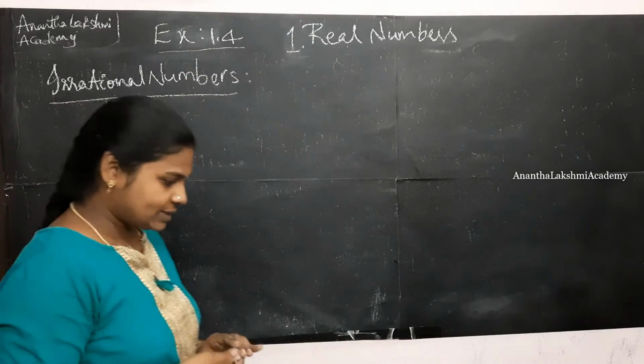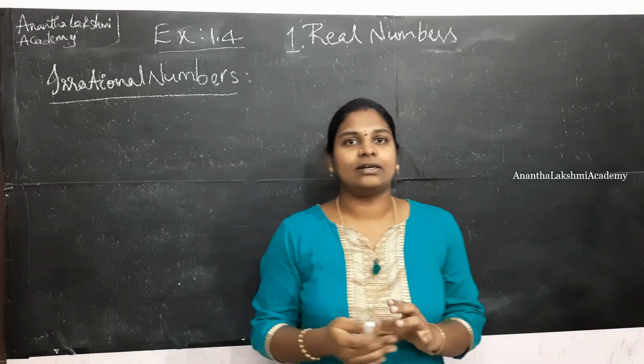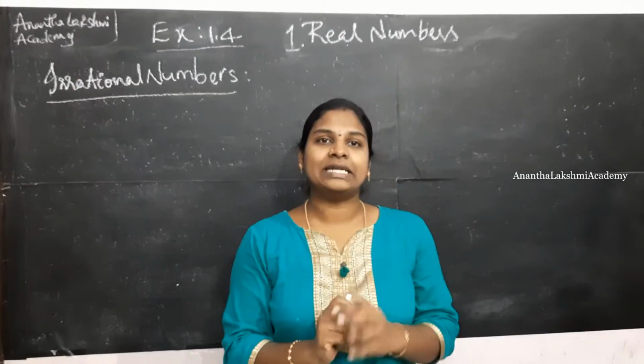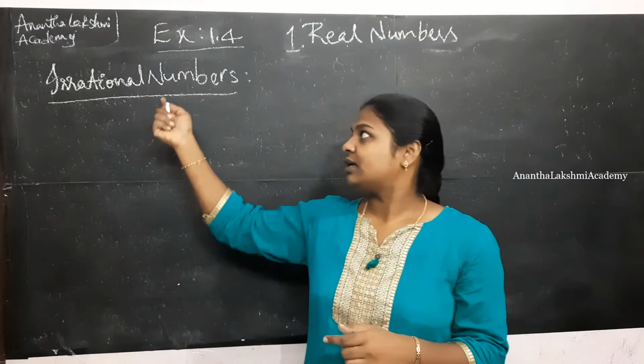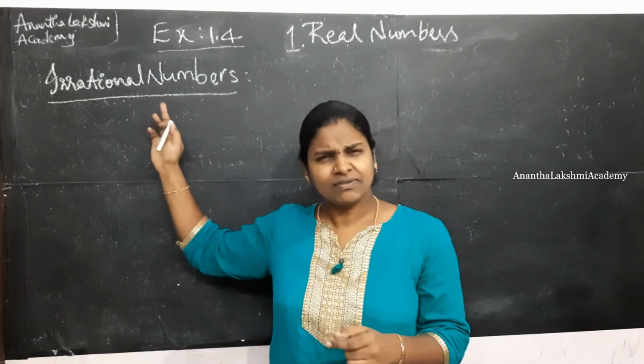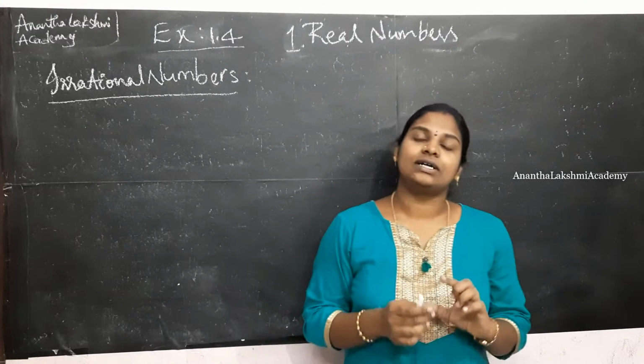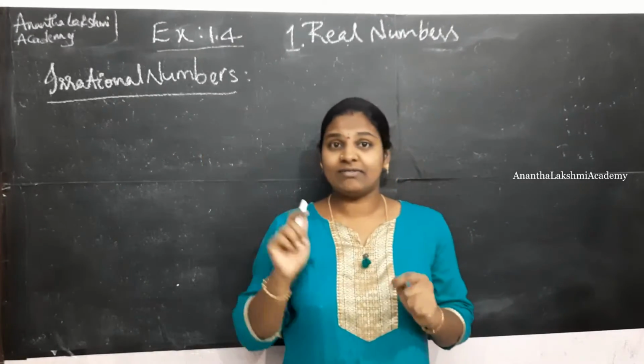In this concept, we will be figuring out what irrational numbers are and how to prove that a number is irrational. Even before this, in the very first part, when we were discussing the number system, we discussed rational and irrational numbers.